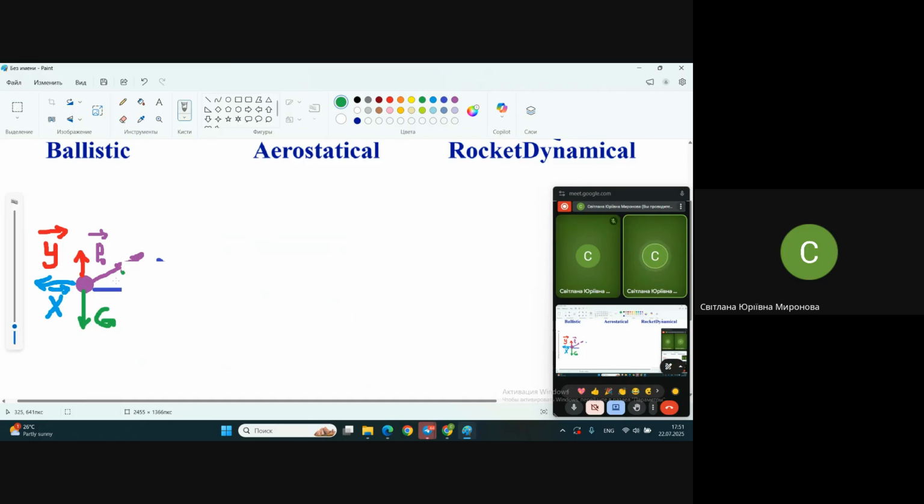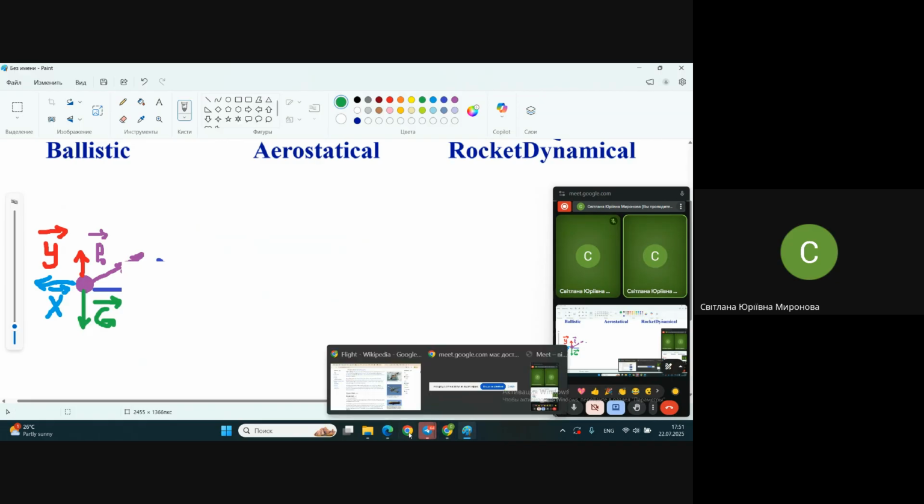Due to the appearing of all these forces, the object flies according to a parabolic trajectory, and the exact shape of this trajectory depends on what?